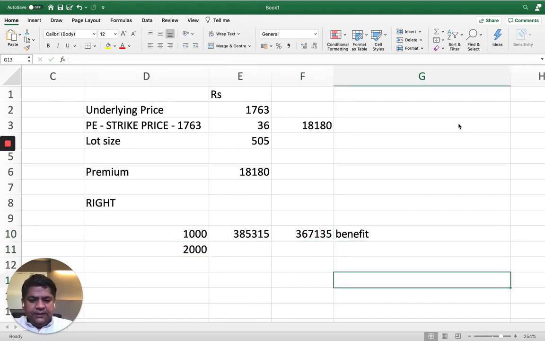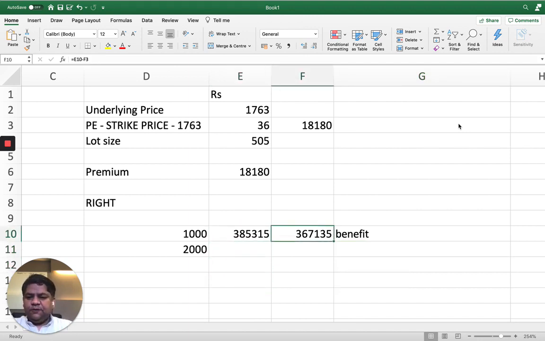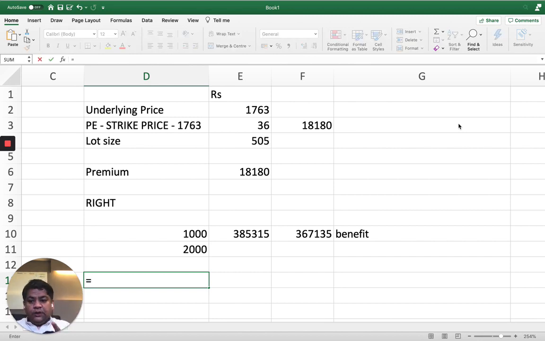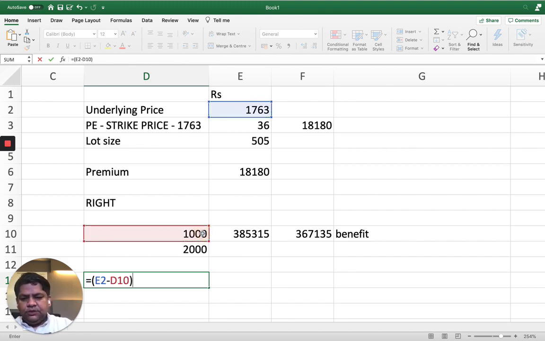Now you may say that yes, I made this benefit, I made this profit, and that hedged a good component of my overall Reliance portfolio to a great extent. So now you are having Reliance, how many? 505. And it has come down to 1000 rupees.